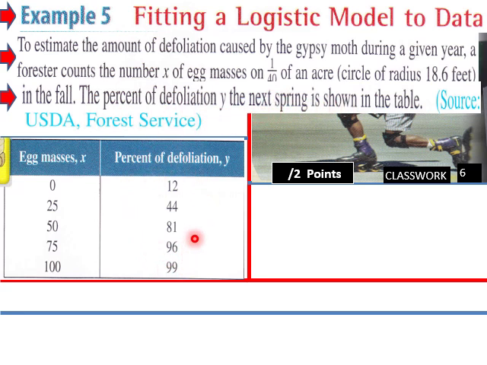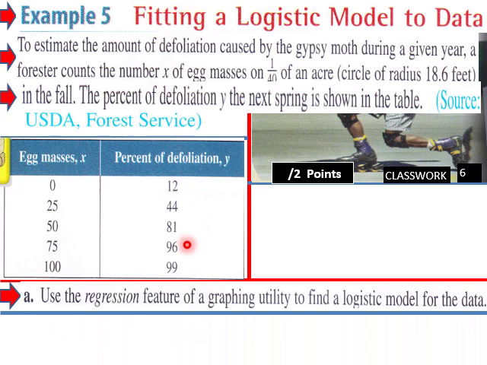So this is our defoliation due to gypsy moth, and then these are our egg mass counts here, the number x of egg masses on a 1/40th of an acre. And we're trying to see if there's some kind of correlation here between egg masses and defoliation.